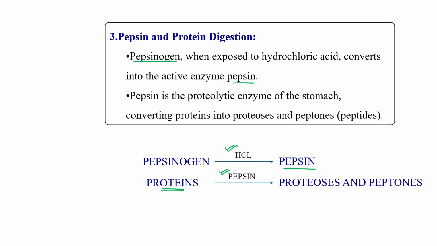So conversion of pepsinogen into pepsin occurs in the presence of HCl, and because of its proteolytic activity, pepsin converts large protein particles into proteoses and peptones.